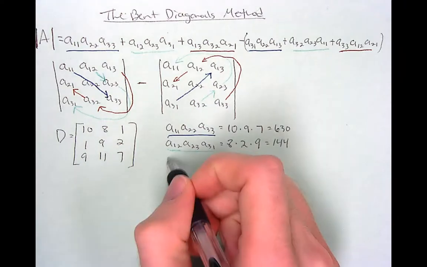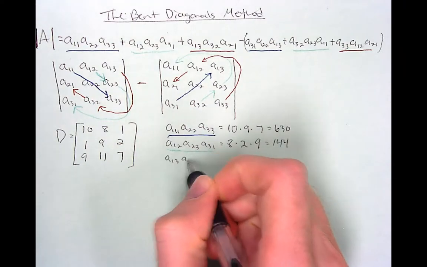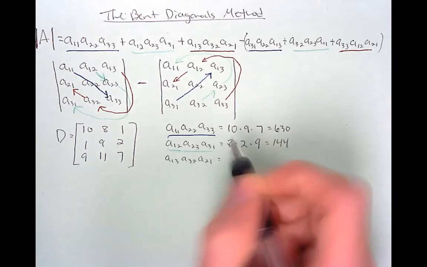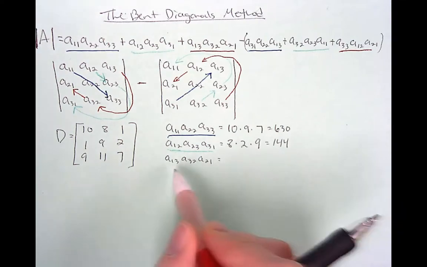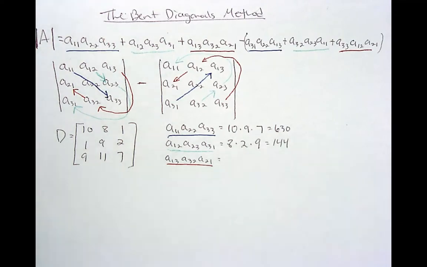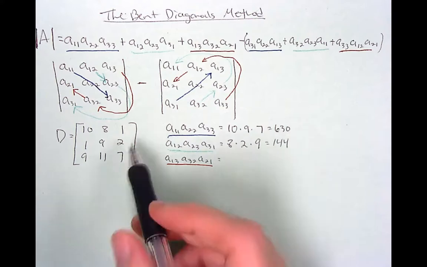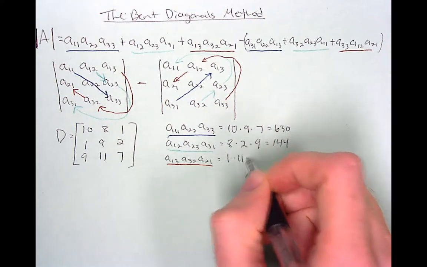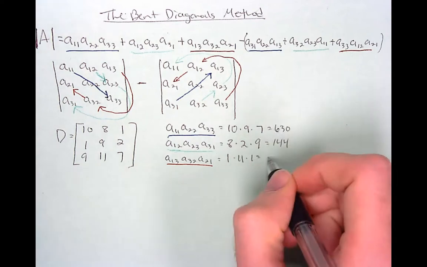Then we have A13, A32, and A21, which we had in red here. It's going to equal 1 times 11 times 1. Of course that is 11.